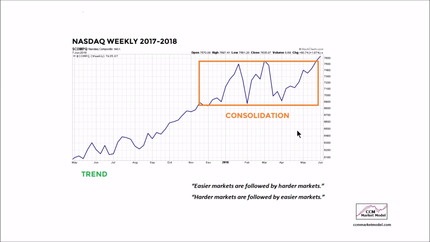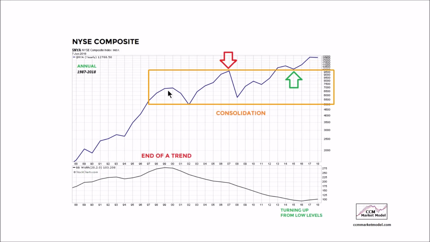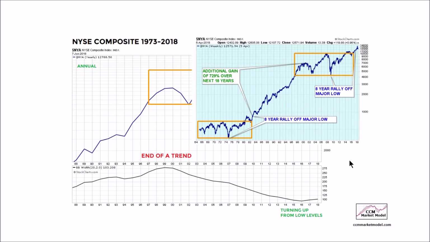in February of 2018. If it seems unreasonable that this chart could move in this direction for a long period of time, that's understandable. Following an 8-year rally off of a major low that occurred in 2009, an 8-year plus rally here, it seems logical to say this can't continue.